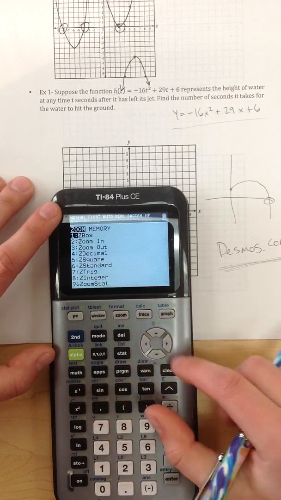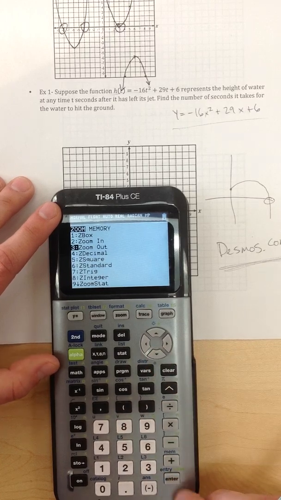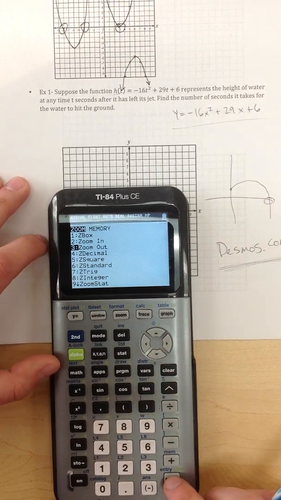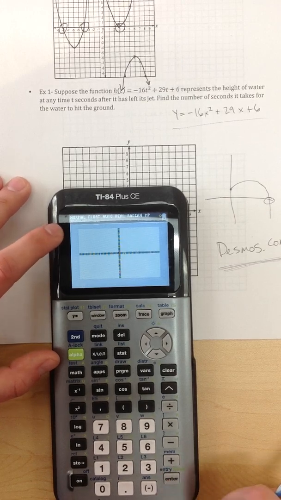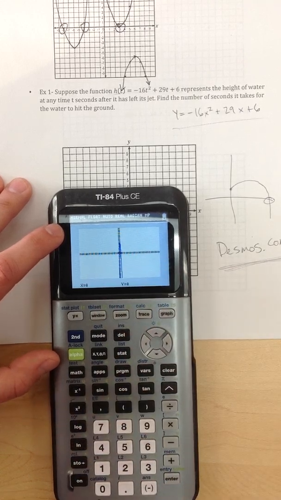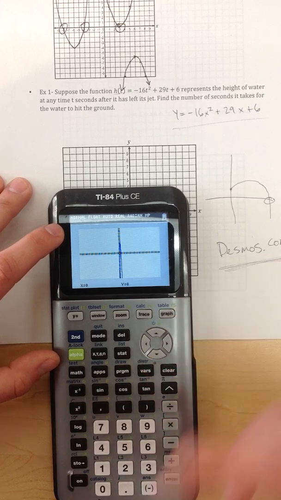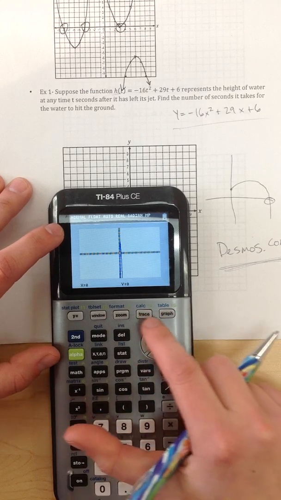You can also use the zoom button here, and we would want to zoom out because we would want to make it bigger. So if you just go down to the third one there for zoom out, and then once it comes back to the screen, you just push enter. That kind of zooms it out so you can see more of the graph, but like I said, it doesn't necessarily matter if you can see the whole thing for this one. Some of them you will want to see the whole thing, but you don't have to in this situation.